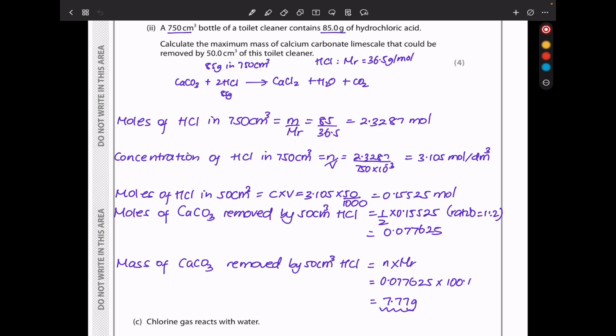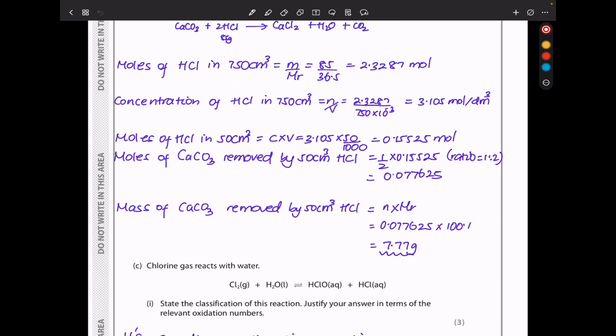And again, this is contained in 750 centimeters cubed. So the concentration of this HCl solution is going to be number of moles over volume. The number of moles are here, the volume is here in decimeters cubed, and that is the concentration. So the moles of HCl in 50 centimeters cubed would be concentration times volume. This concentration times the 50 divided by 1000, again here converting the centimeters cubed to decimeters cubed.